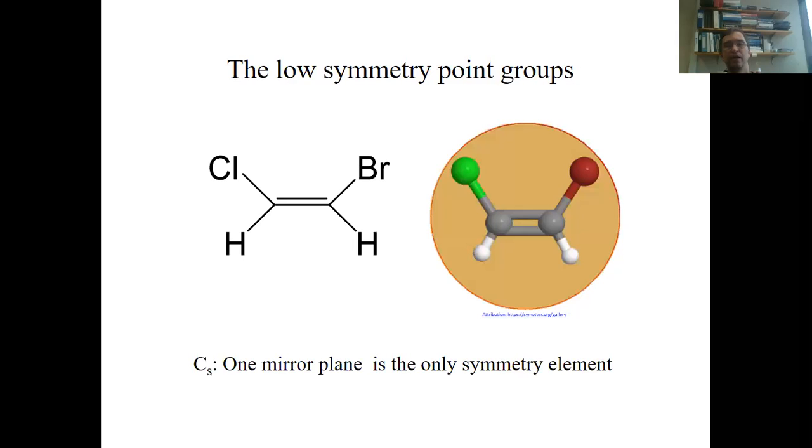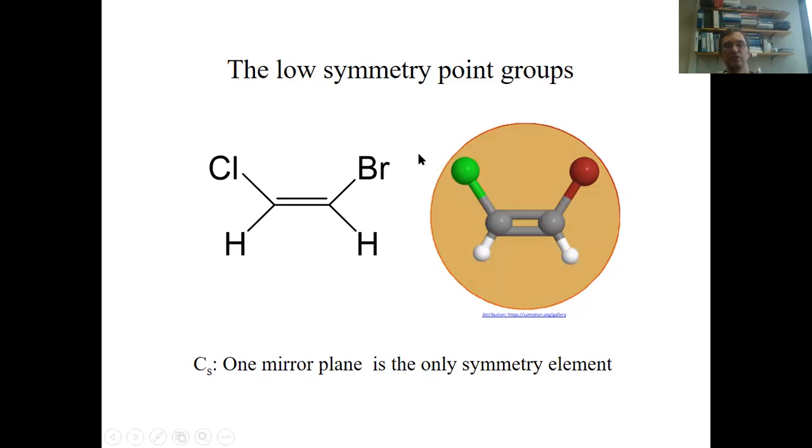Okay, so what other low symmetry point groups do we know? In addition to that, there is CS. In this case, we have one mirror plane in addition to the identity, but no other symmetry element and no other symmetry operation.